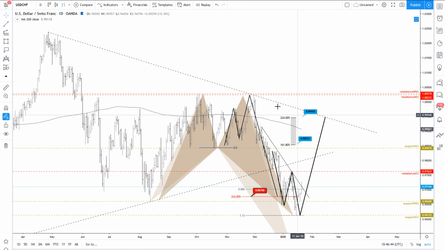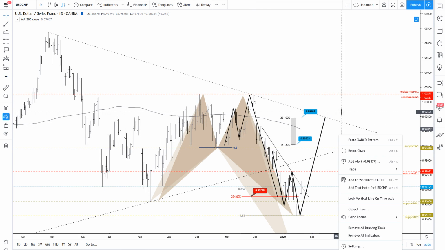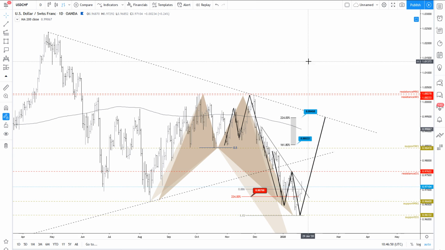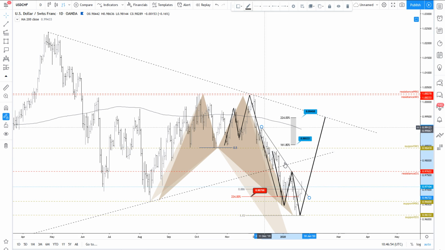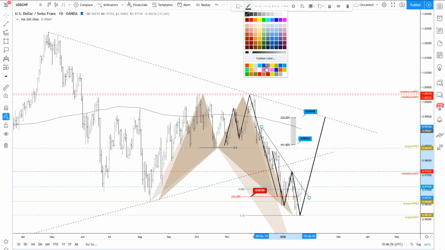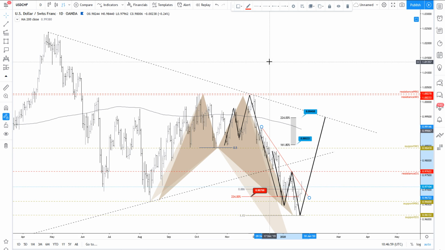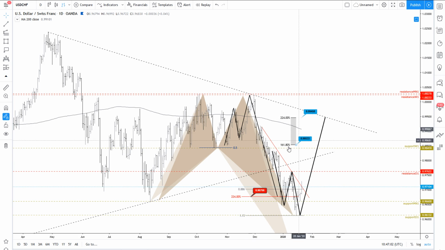So let's say the 224% fib may put the price retesting this trend line again. If that happens, at least for now, we need to wait for a clear breakout of this most recent bearish momentum or bearish structure.